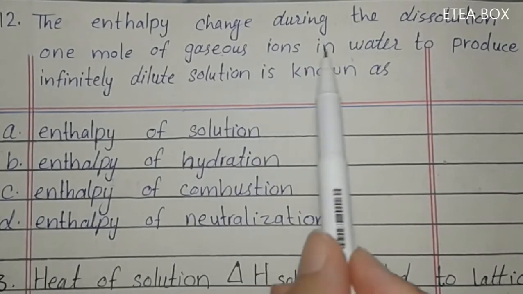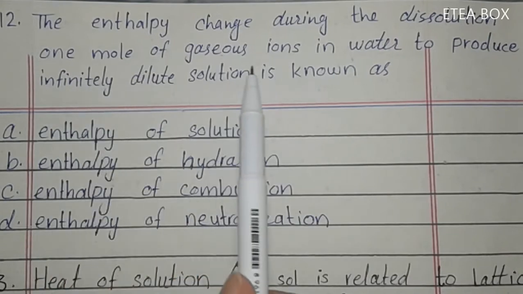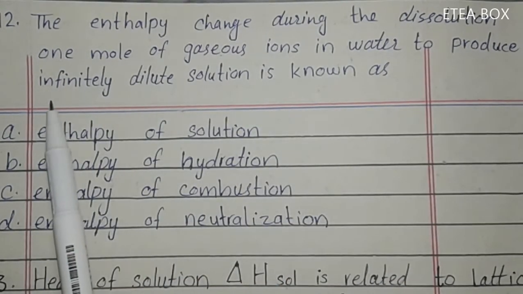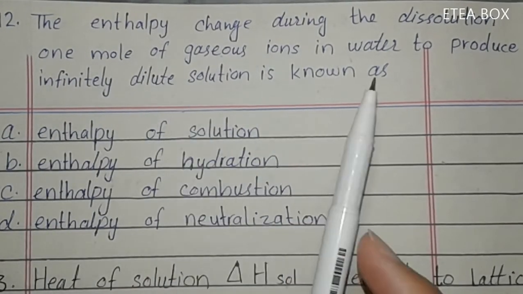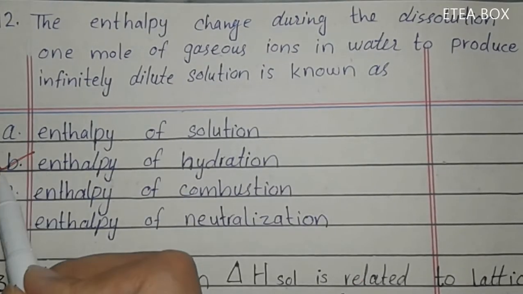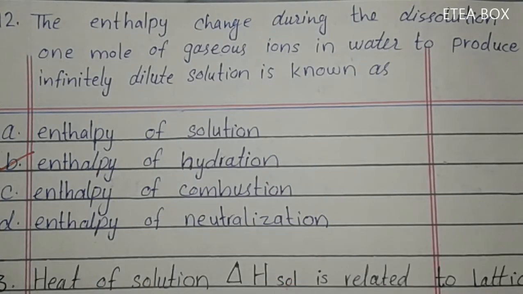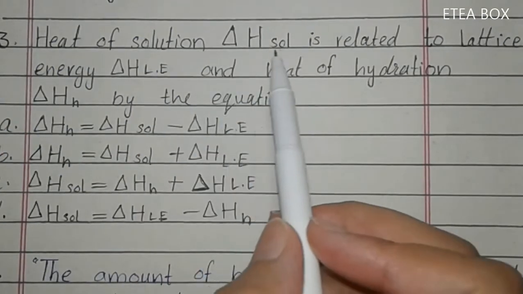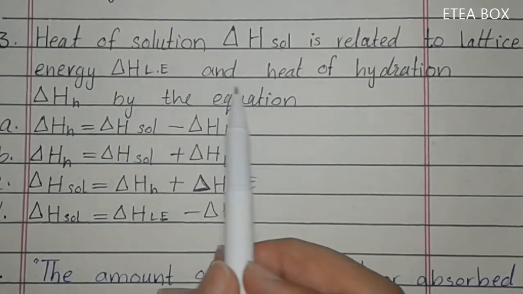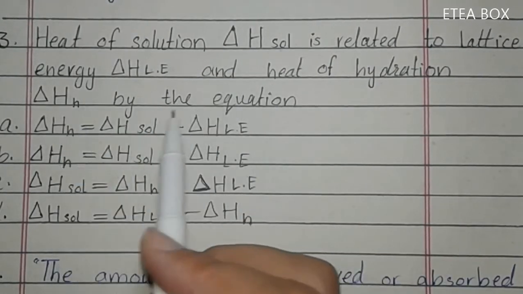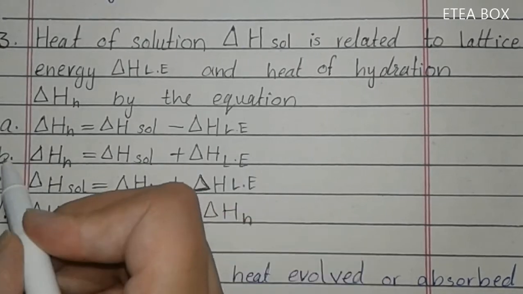The enthalpy change during the dissolution of 1 mole of gaseous ion in water to produce an infinitely dilute solution is known as enthalpy of hydration. This is the definition of enthalpy of hydration, in which water is involved. So option B is correct here. Heat of solution is related to the lattice energy and heat of hydration by the equation: look here, option B is correct.